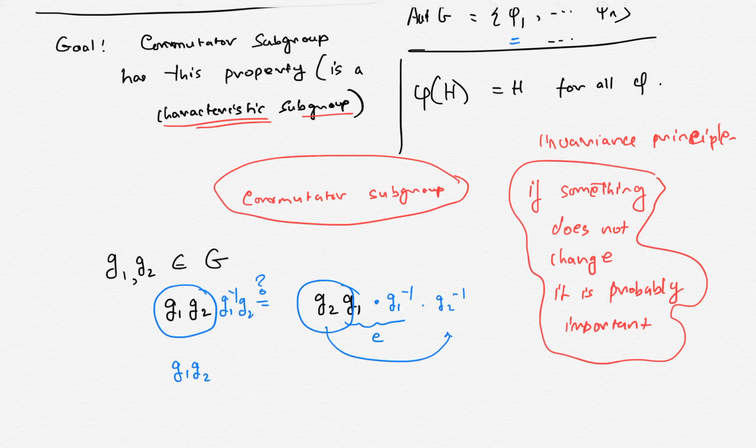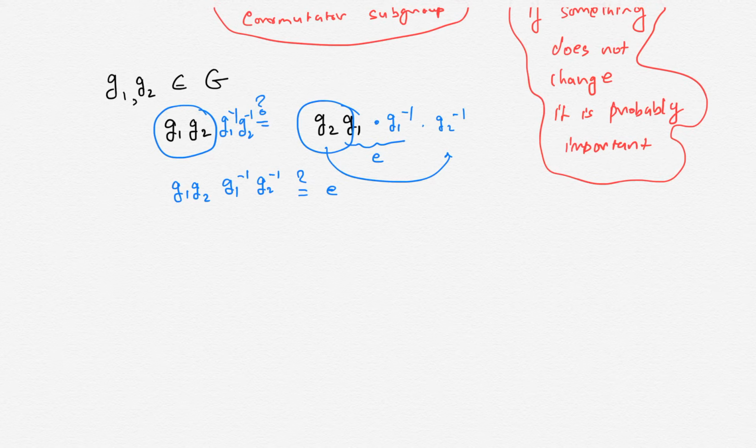So the question is, is g1 g2 g1 inverse g2 inverse the identity? The answer is yes if G is abelian. Abelian means commutative, that is, g1 g2 is equal to g2 g1.